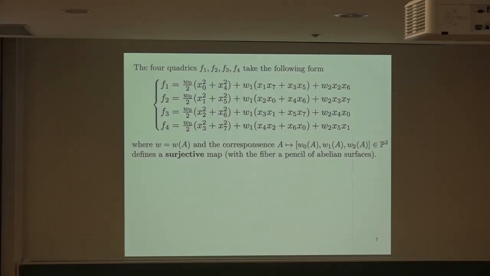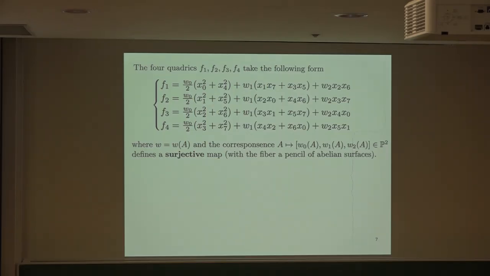The moduli space is symmetric complex matrices, so it has complex dimension 3. Given this, A is a point in the moduli space, which has dimension 3. So I'm saying there is a surjective map to P2 from here, so the fiber has dimension 1.